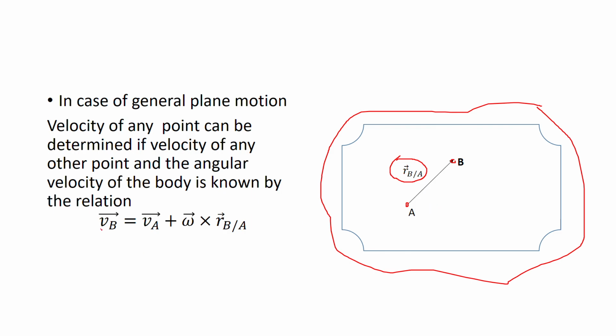Assuming VA is known, and angular velocity omega is also known, and this is the position vector of point B with respect to A, we can calculate VB equals VA plus omega cross RBA. This equation is valid for any finite body.